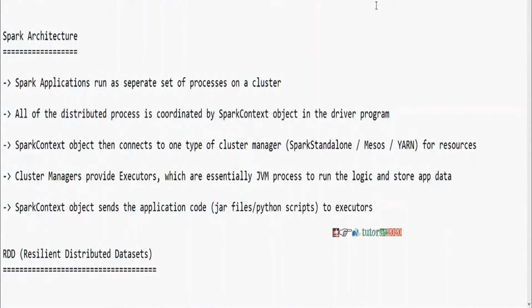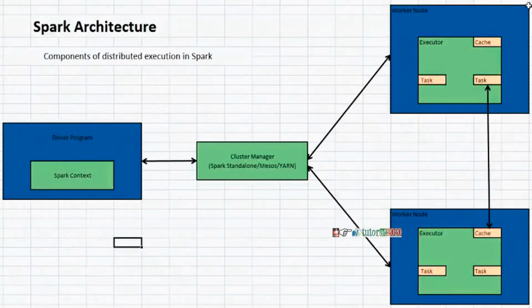Now to talk about Spark architecture, a Spark application is nothing but an application which can be written in a language like Scala, where you can perform some distributed processing.